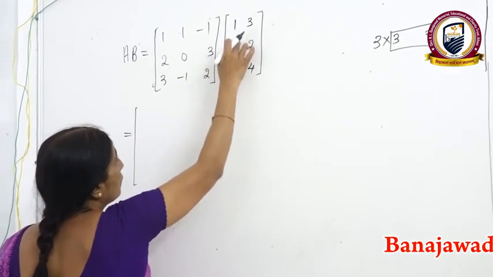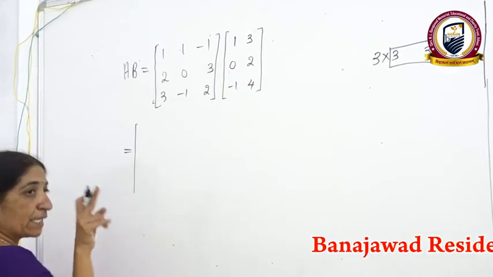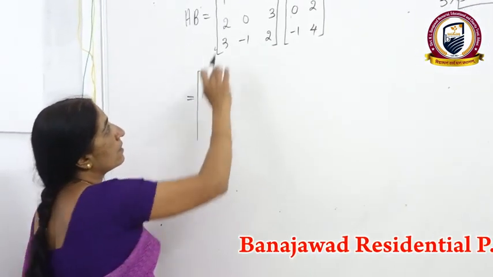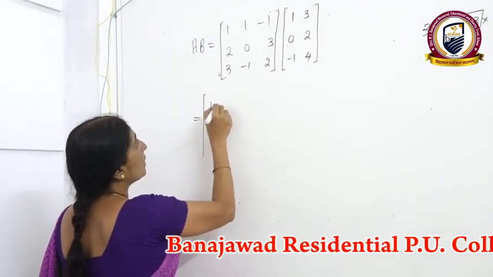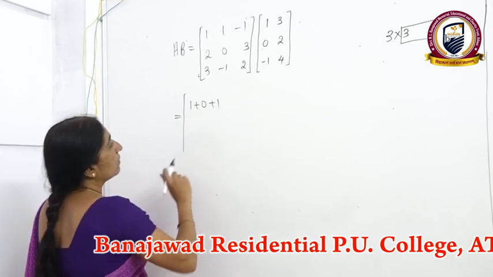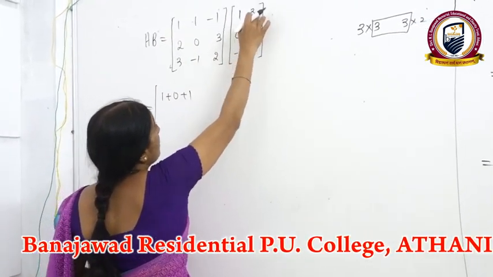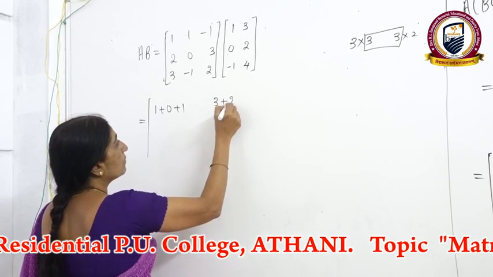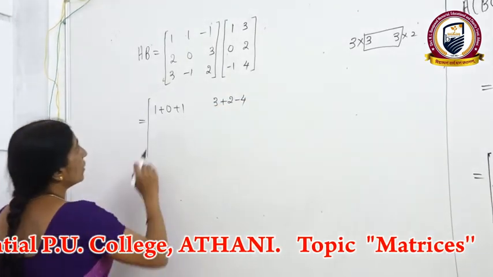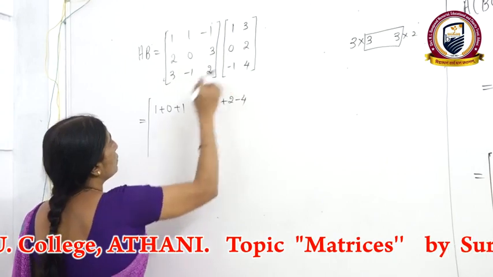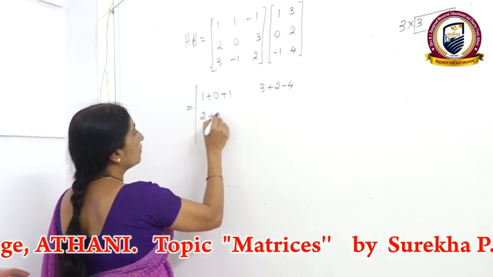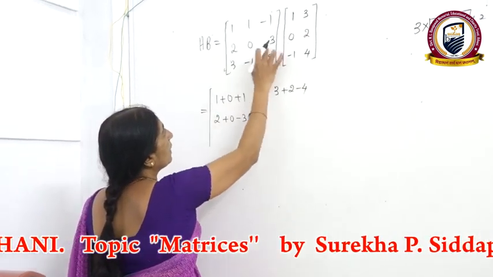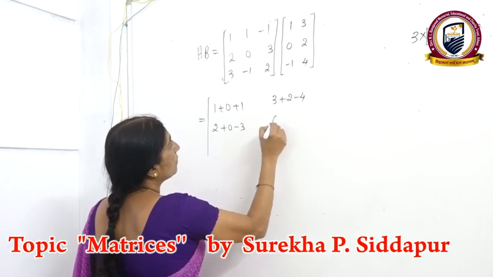First row with first column. In that, corresponding elements. 1 plus 0 plus 1. Then first row with second column. Again corresponding elements. Then come to the next one. Second row with first column. Then second row with second column.